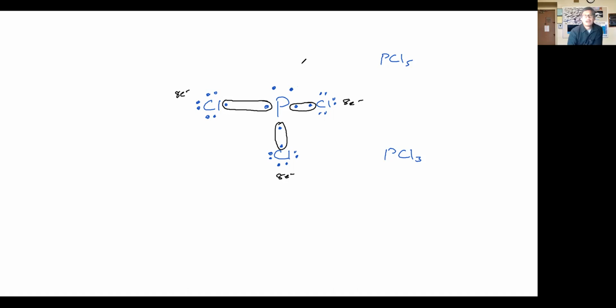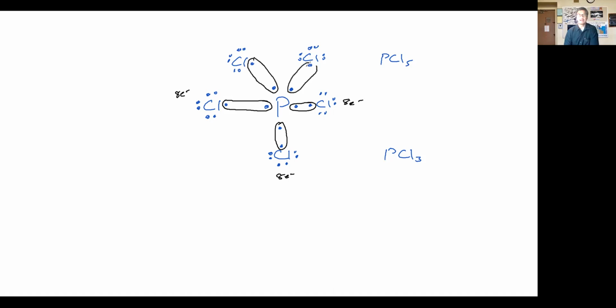I had mentioned that term last week. When phosphorus needs to, it will hybridize, forming molecular orbitals, and it will place electrons in those orbitals. So the electron pair splits up as well.